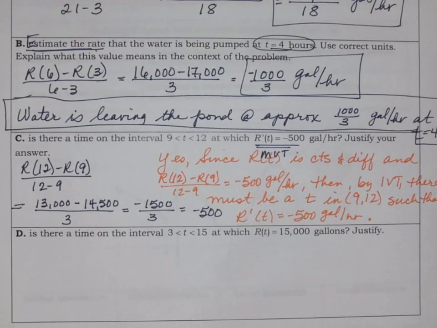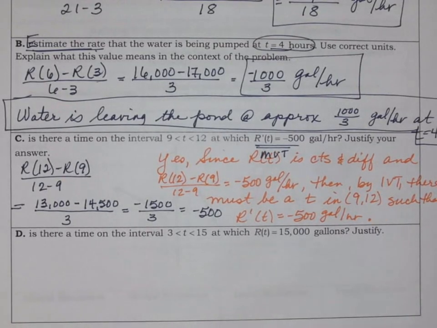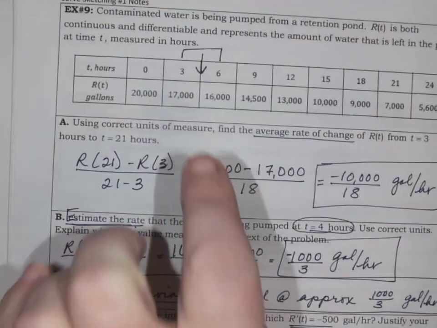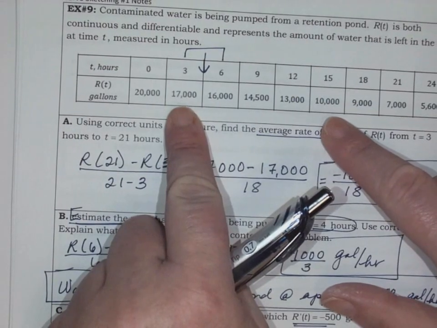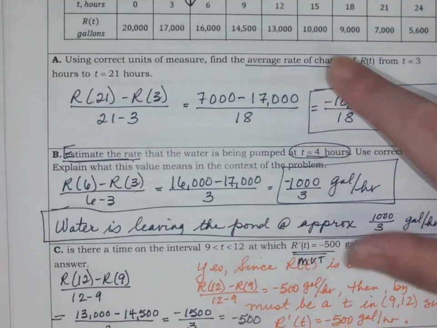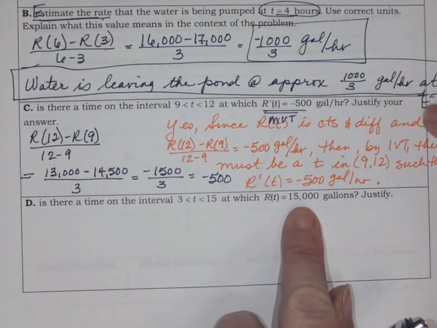All right, last one. Is there a time on the interval 3 to 15 at which R of t equals 15,000? Okay, so at 3 we're at 17,000, and at 15 we're at 10,000. So yes, 15,000 is in between that.